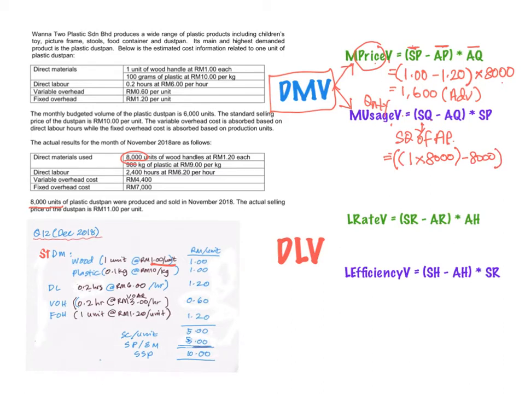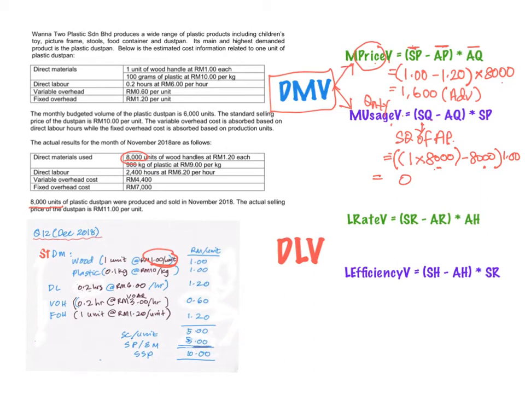Remember our standard price just now is 1 ringgit. So you times it by 1 ringgit. Over here we get 8,000 of standard quantity, and the actual quantity used is also 8,000. So we have 0 here times 1, then we have 0.